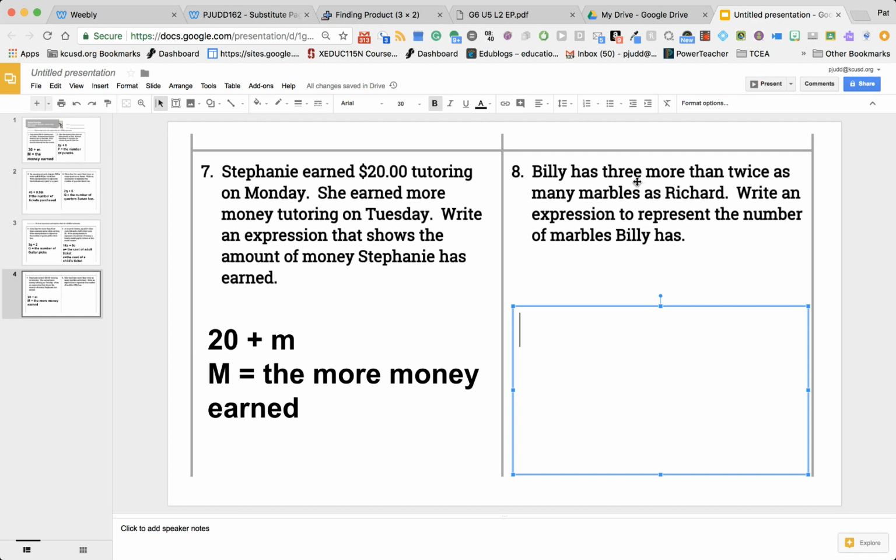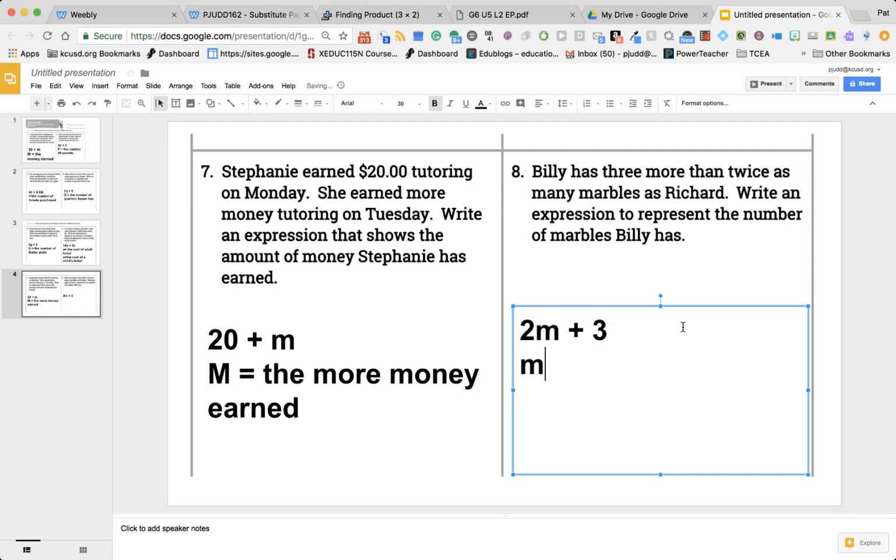So when you're writing this, remember the 3 more goes at the end of the first part of your expression. So has twice as many marbles as Richard. I know that twice as many is going to be 2 times, I'm going to put 2 times M as twice as many marbles, plus 3. And there's the 3 more. So there's 3 more than twice as many marbles.